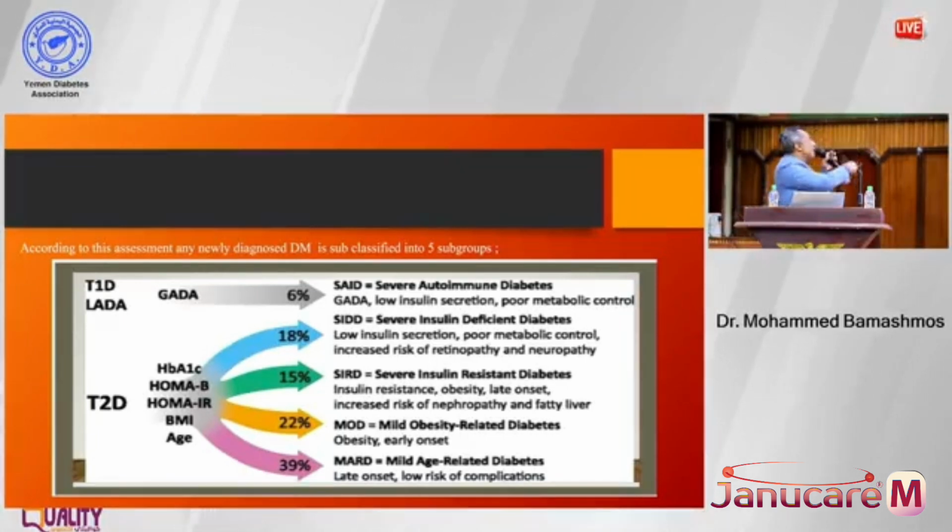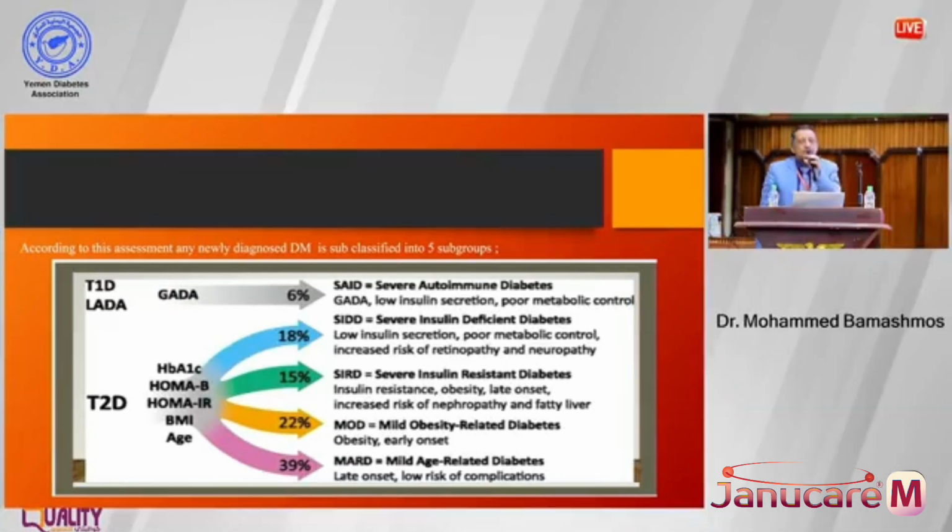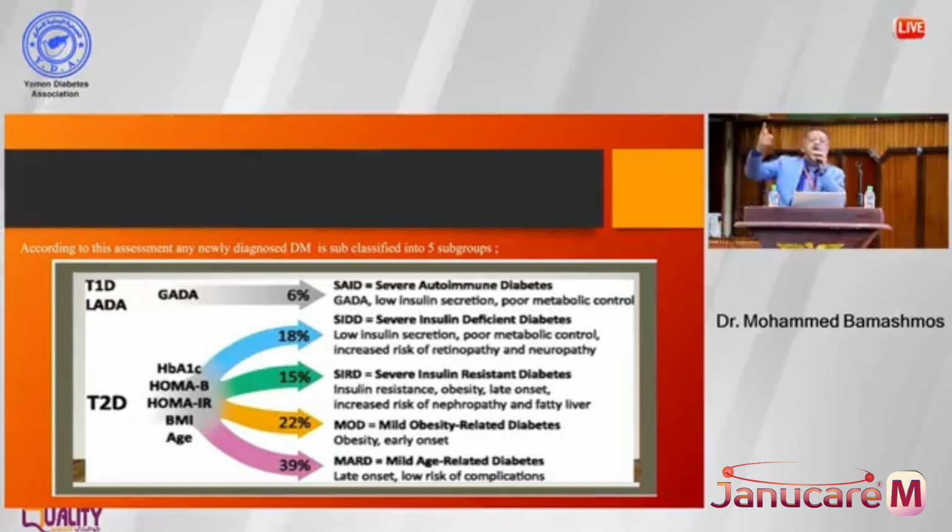The second type is called severe insulin resistance diabetes, which accounts for 15% of the patients. This is important. If you know that a patient has insulin resistance, this is very important for choosing a proper treatment, and for expecting complications that are related to insulin resistance.